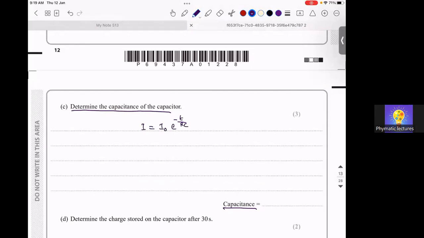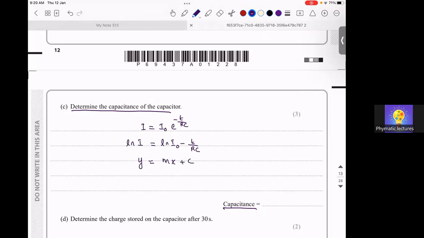So if you are taking logarithm on both sides, we know the formula. I'm not going through the derivation, just writing the derived formula. So ln I is equal to ln I0 minus t by RC. So this is in the form of a straight line, y is equal to mx plus c.